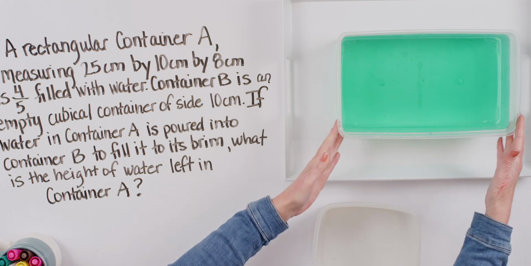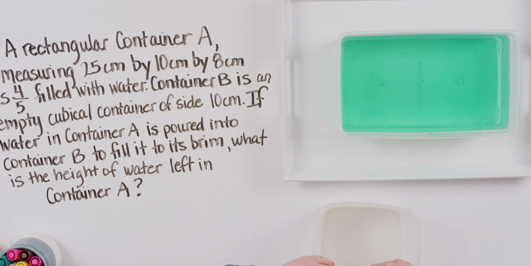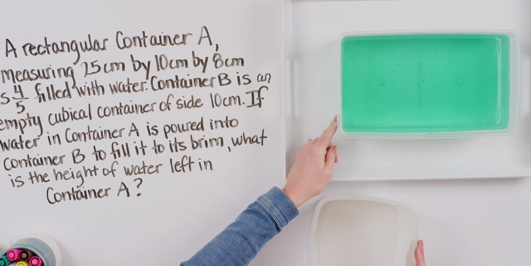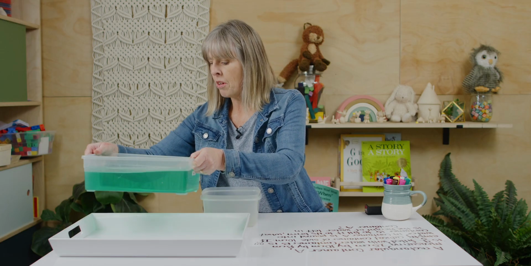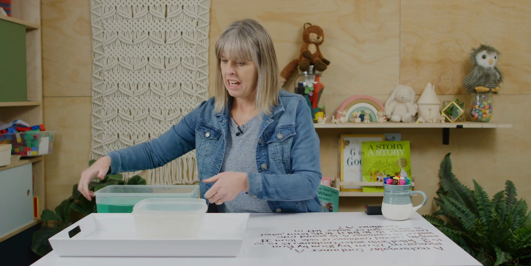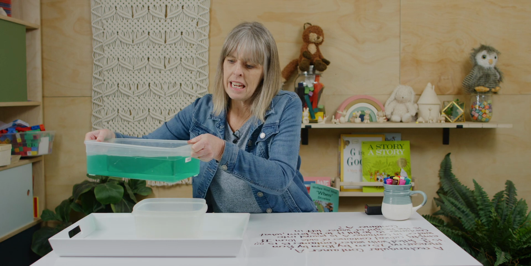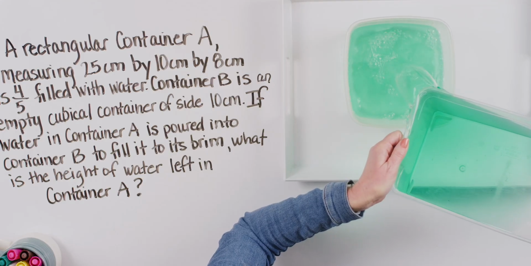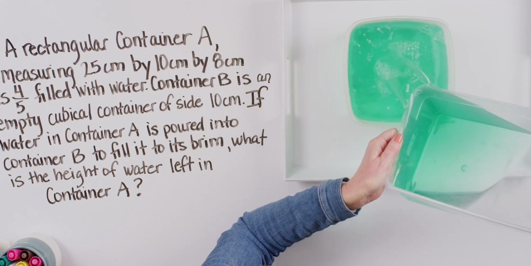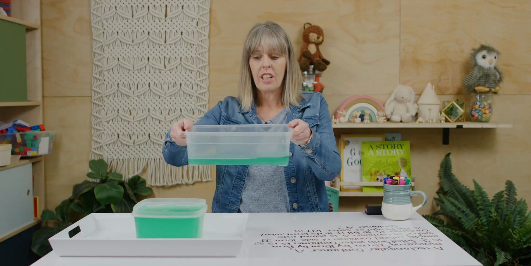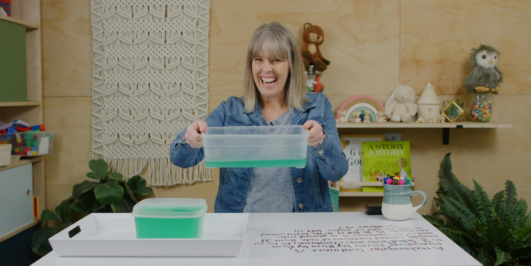So if water in container A is poured into container B to fill its brim, what is the height of water left in container A? So for example, if I took container A and I poured it in container B, poured till it's filled to the brim, what now would be the height of water in container A?